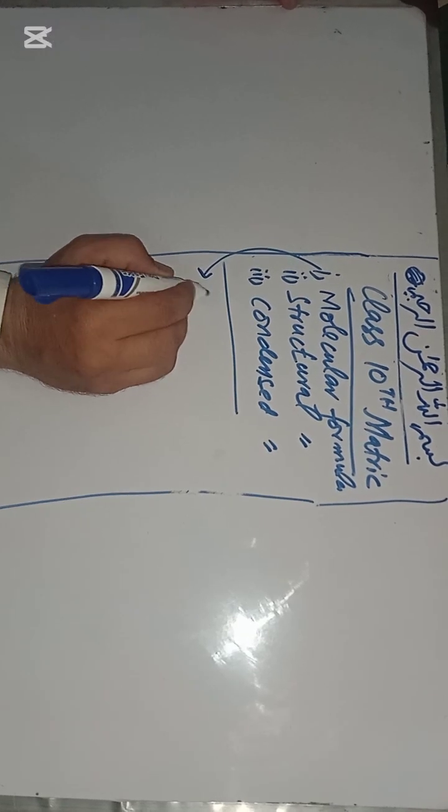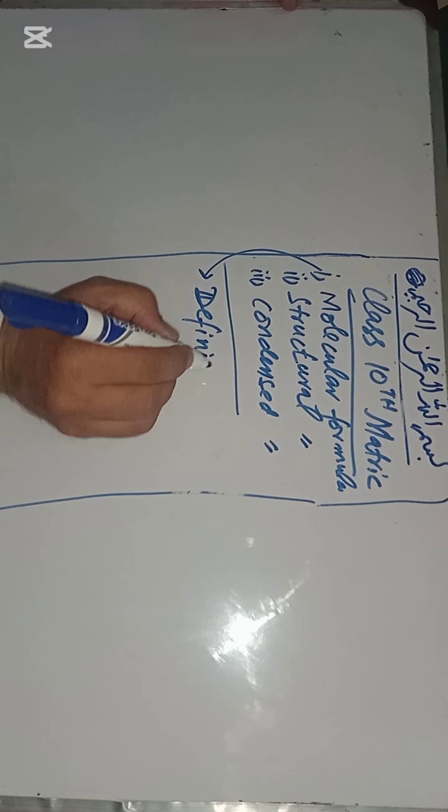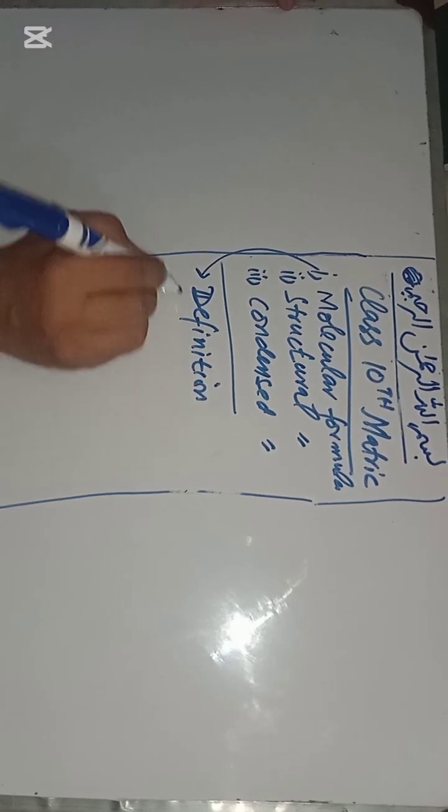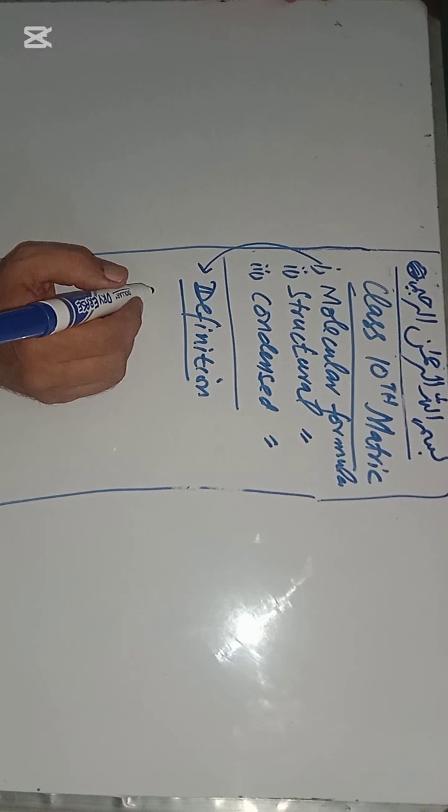Its definition: we can define it as the formula which shows the actual number of atoms in a molecule.